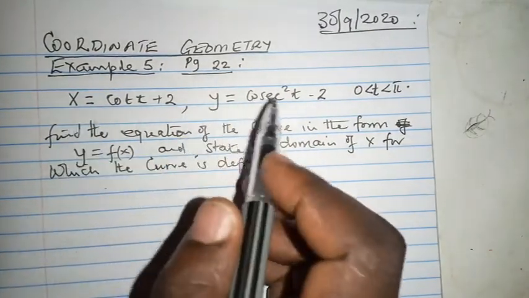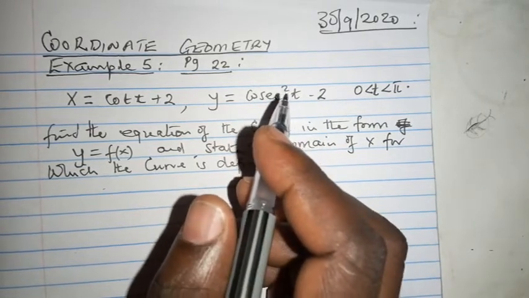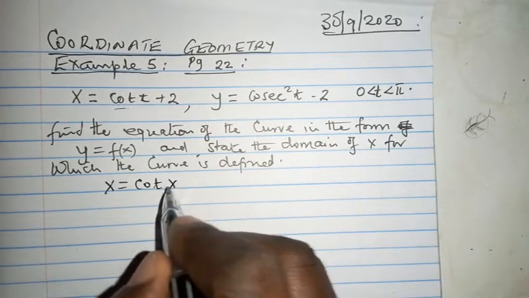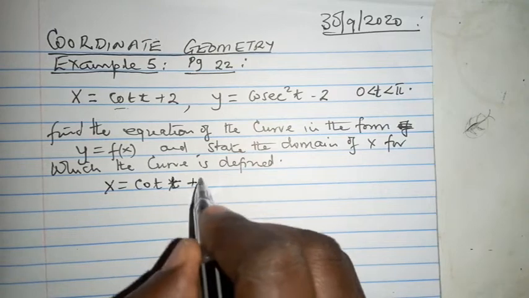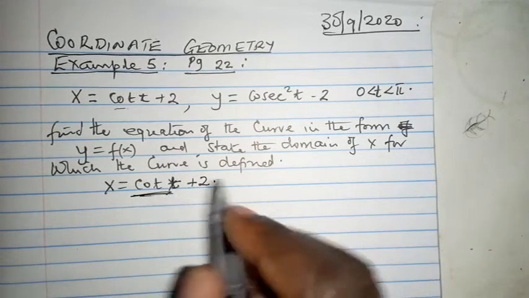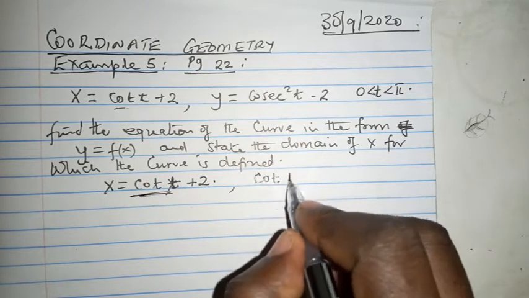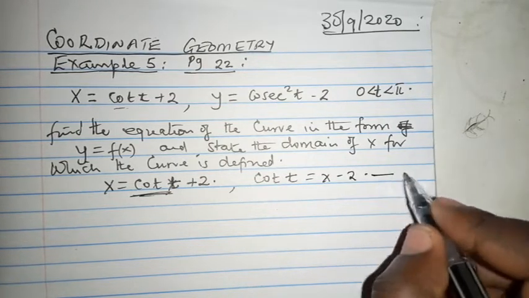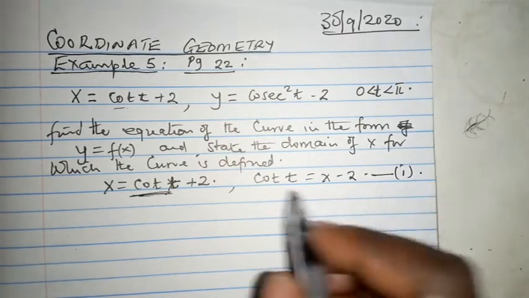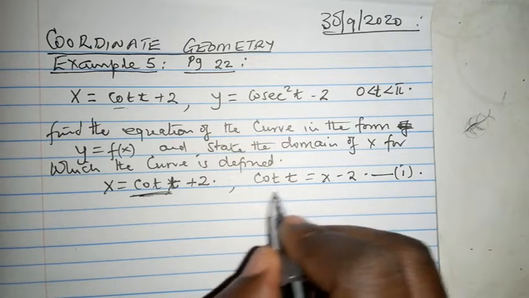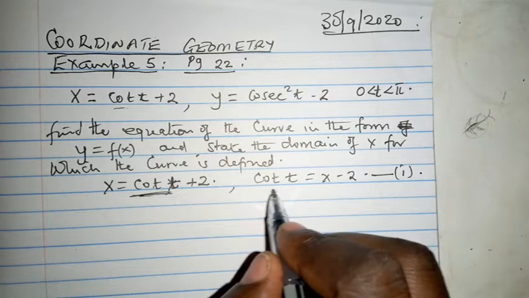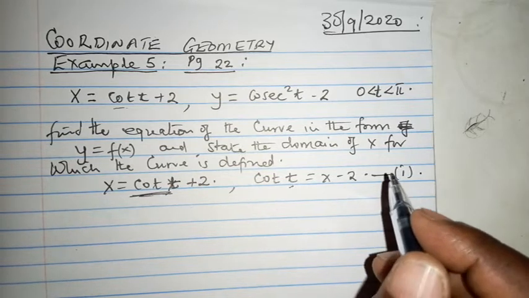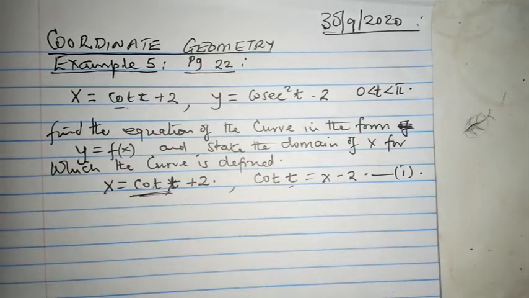Of course, we have these parametric equations. If x equals cot t plus 2, we have to make cot t the subject of the formula, and we know cot t is x minus 2. We may call that equation 1, because we wish to make the parametric part, t, the subject so that substitution will be easier.